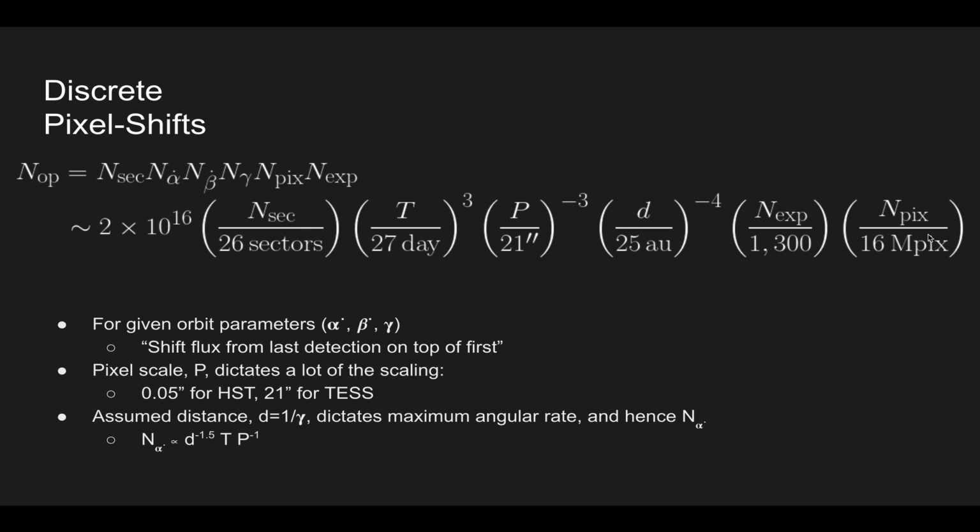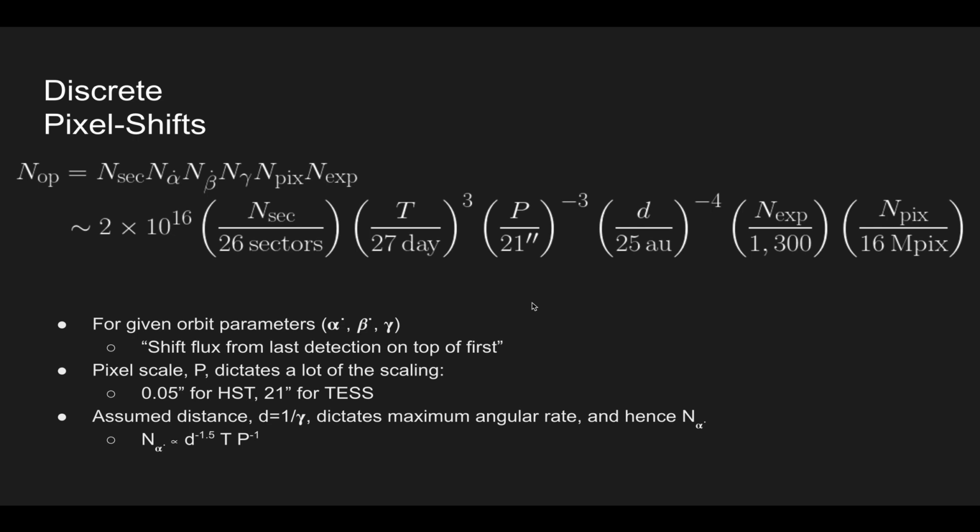Now, it turns out that when that study by Bernstein et al. using HST that I mentioned earlier performed this study using this approach, they needed to perform about 10 to the 16 operations. And it turns out that coincidentally, searching all of TESS data will also take about 10 to the 16 operations. The reason that they end up being the same is that TESS pixels are huge compared to HST pixels.